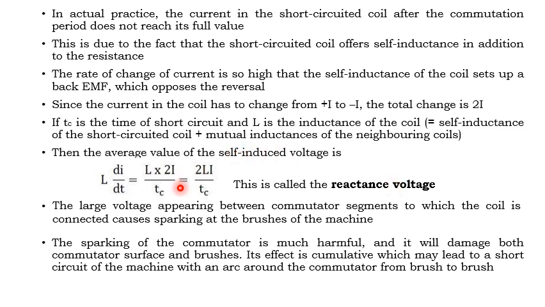Now the large voltage appearing between the commutator segments to which the coil is connected causes sparking at the brushes of the machine. Obviously, this larger voltage appears between the commutator segments to which the coil is connected and causes sparking at the brushes of the machine.